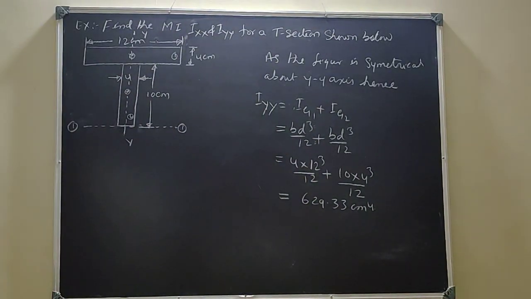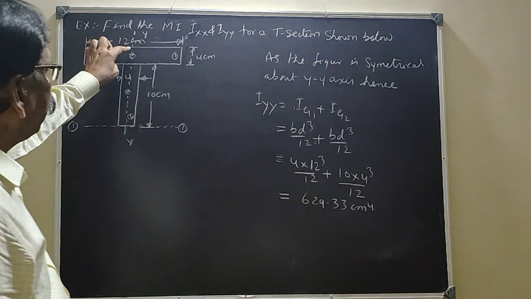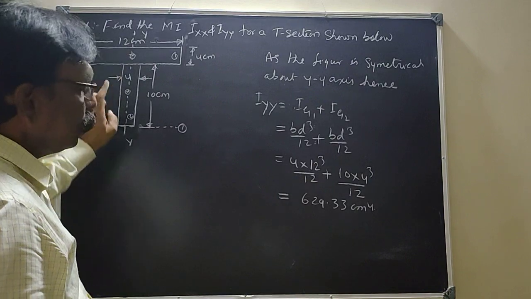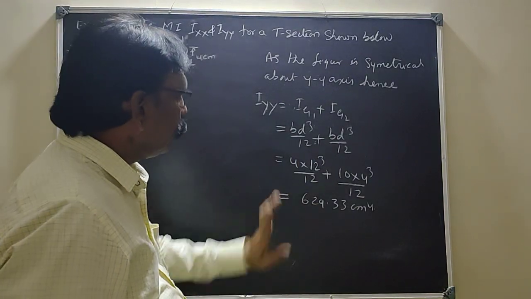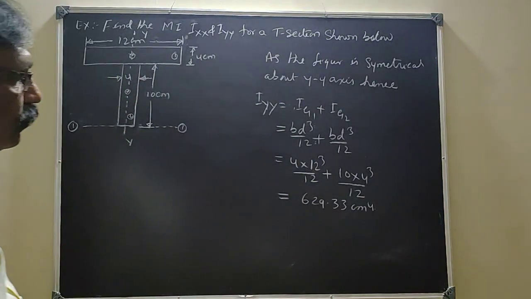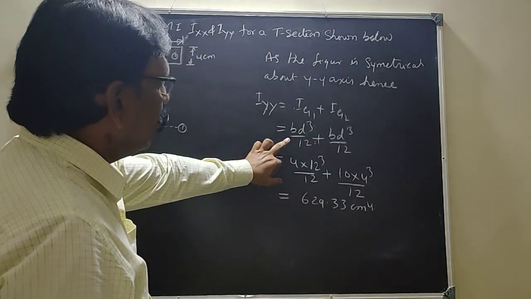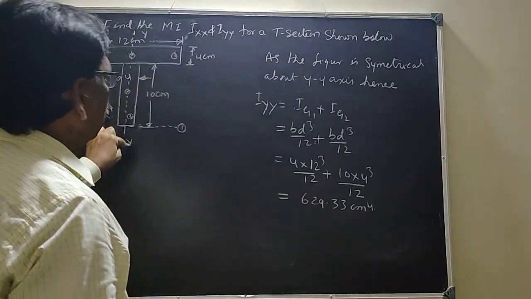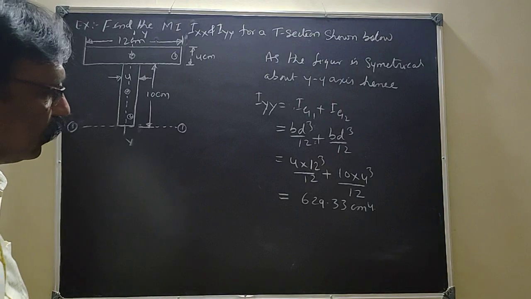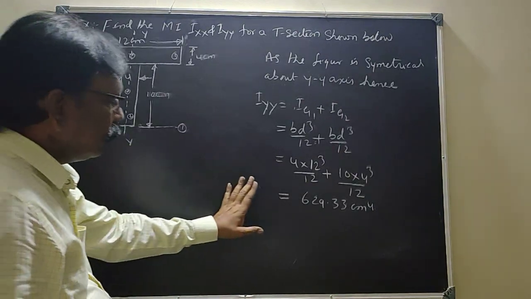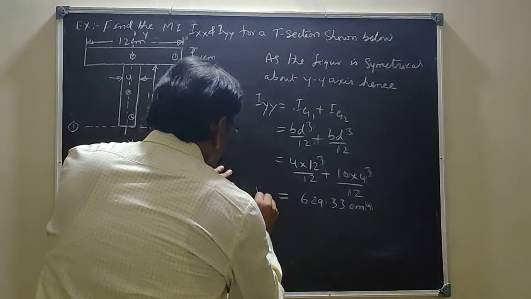As it is symmetrical about the y axis, we add the moment of inertia of these two together, using BD cube by 12 plus BD cube by 12, where B is the side parallel to the axis about which moment of inertia is required. So this is what we select for Iyy.